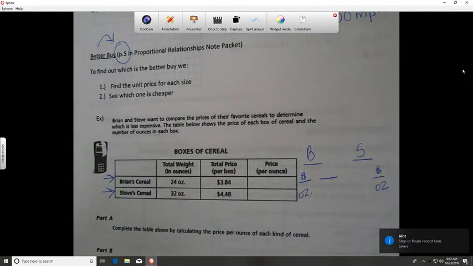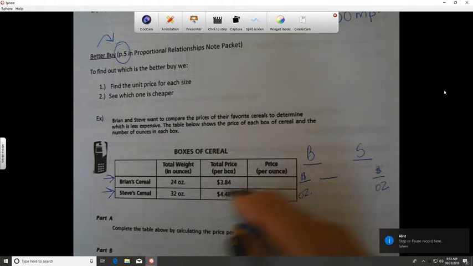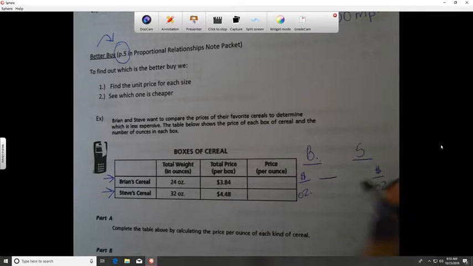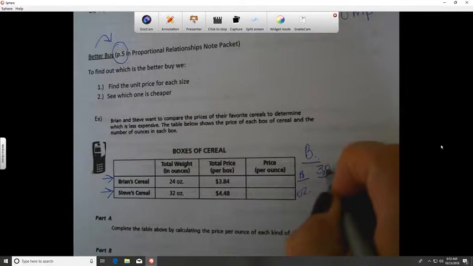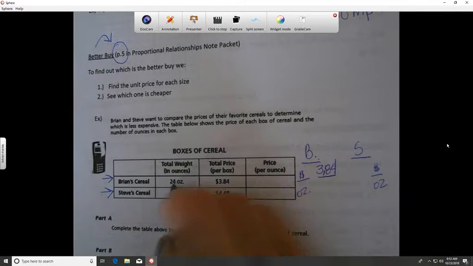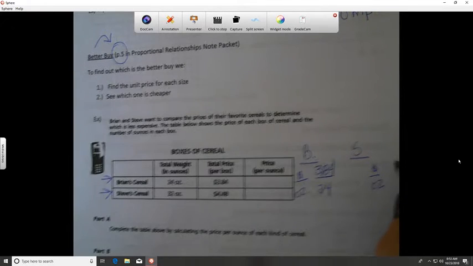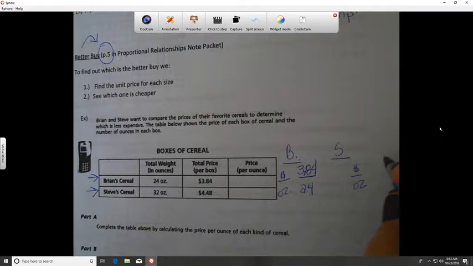Okay. So pulling out money over ounces for Brian, which I labeled with a B, we say $3.84 over 24 ounces. And for Steve, we say $4.48 over 32 ounces.